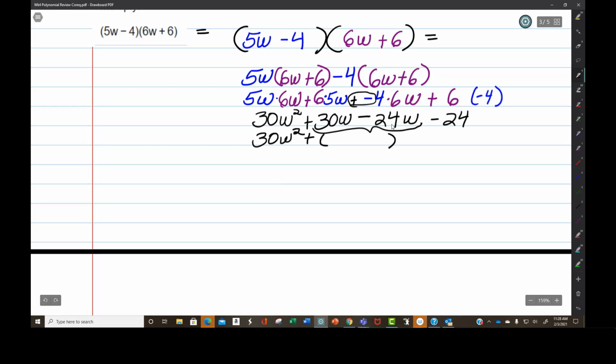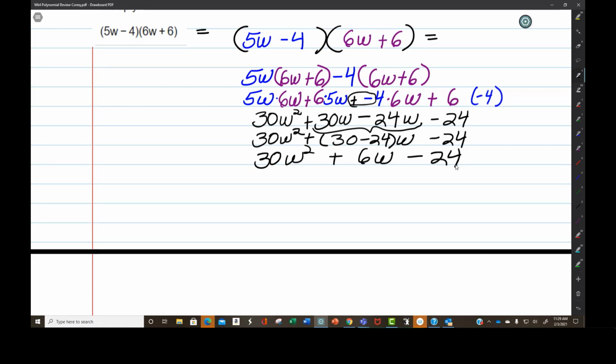We're going to have 30 minus 24 with the W pulled to the end there, and then the minus 24 over here. So 30 minus 24 is positive 6. So I will have 30W squared plus 6W minus 24. Isn't that pretty?